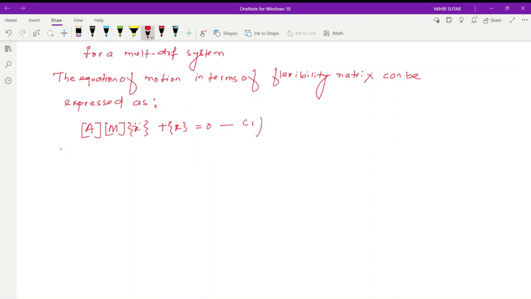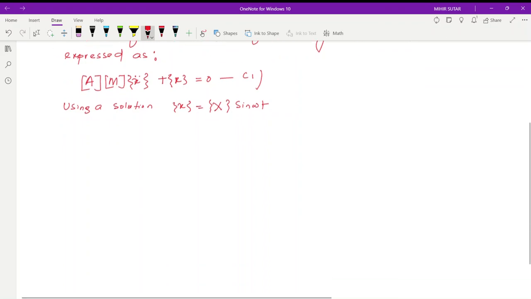Now we will use a solution x is equal to capital X sin omega t, then we will have its velocity will be the differentiation of this displacement.